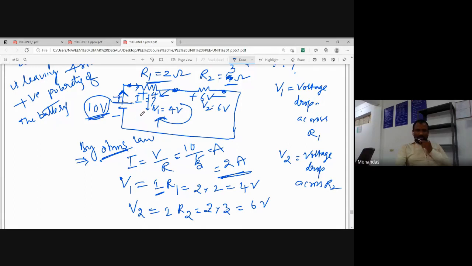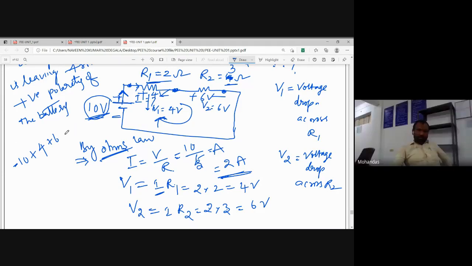Current is entering in the clockwise direction. Current is entering at the 10 volts at minus polarity, so minus 10. Next, plus 4. Next here, plus 6. That should be equal to how much?